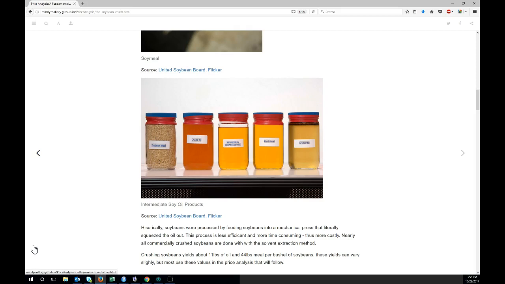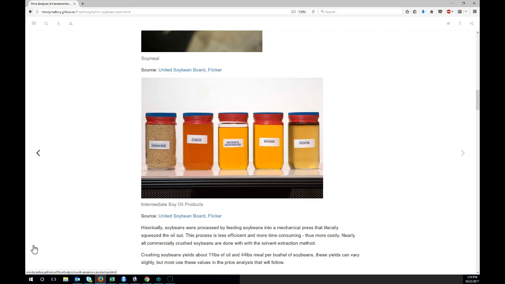And then if they take that refined soybean oil and separate the glycerin from the rest of the oil, you have what's effectively biodiesel. Biodiesel is effectively nothing but soybean oil that's had the glycerin removed from it. Then you've got the end products from the oil.